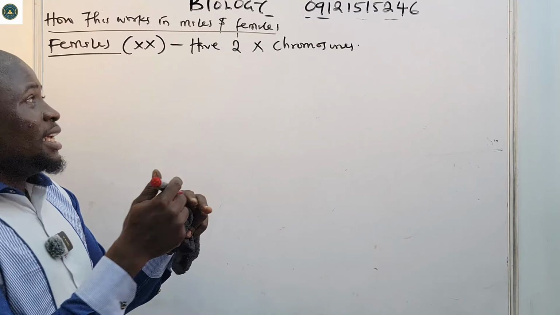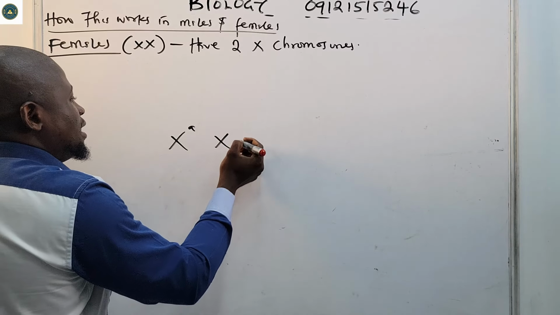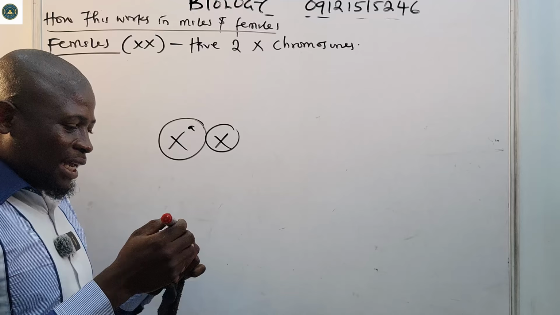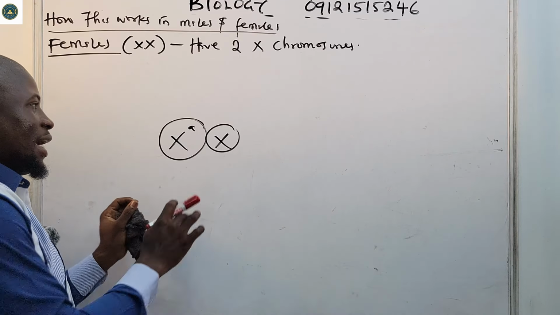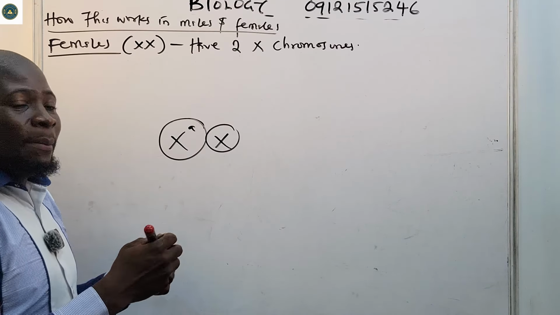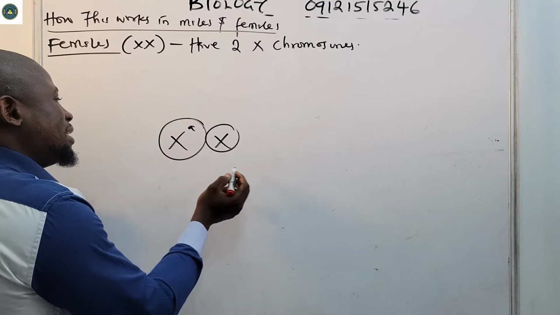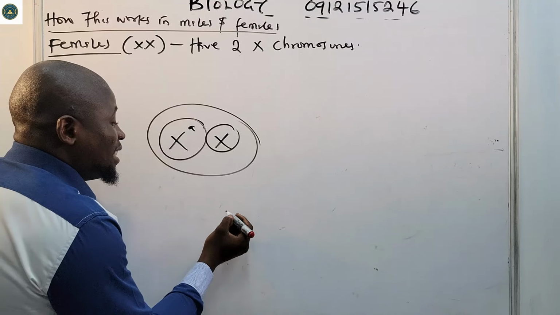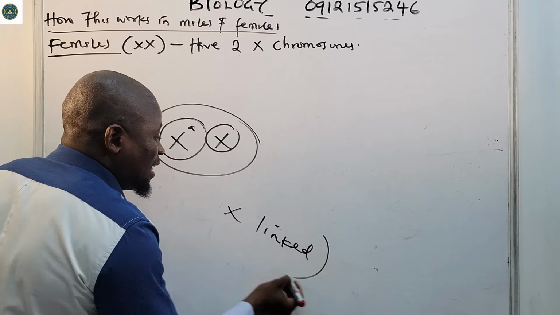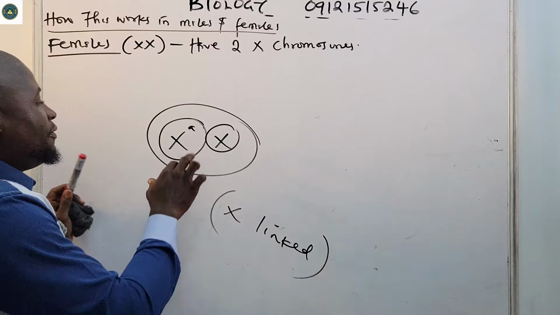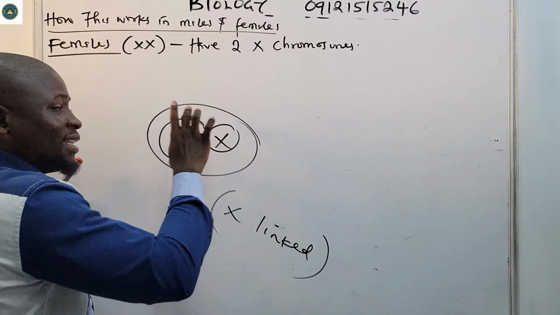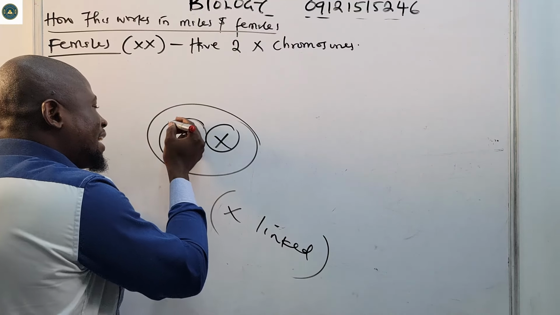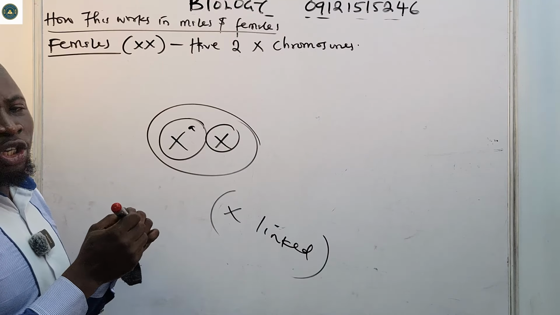If one is defective, the other can mask its effects, so it will not show. Since most sex-linked traits are X-linked, if a defective gene is on one X, the normal one can cover up for the effect of this one, so it will not show.